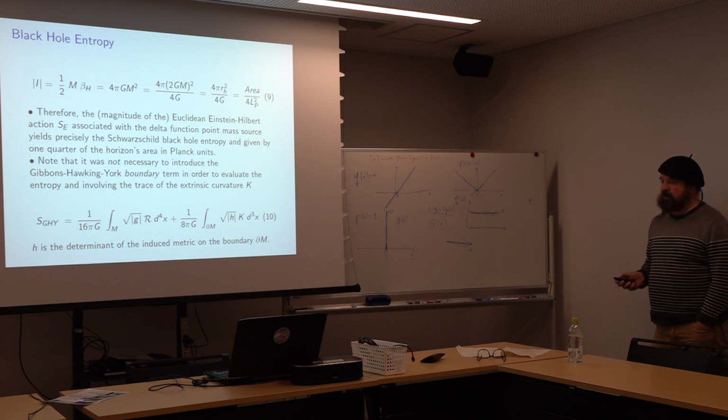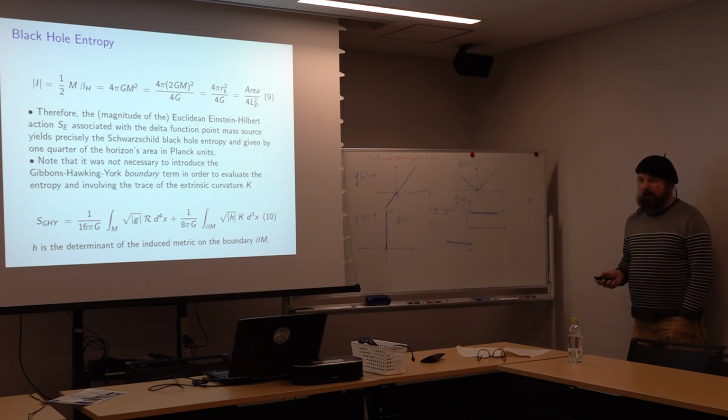Let me just go slowly here. The answer you get after you do all that integral, taking into account that the curvature scalar has a delta function, is this. You're going to get an expression that is given by 1/4 of the ratio of the area of the black hole horizon. Remember, let me just watch afterwards since I have time.